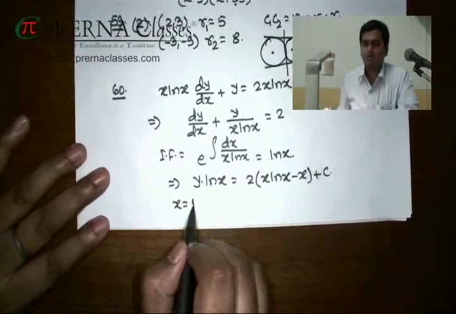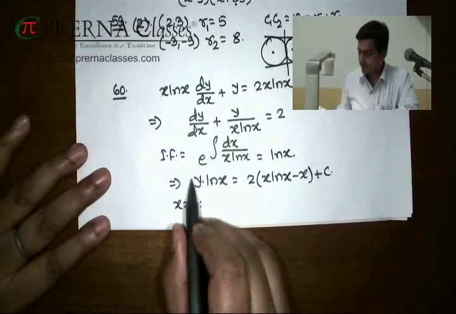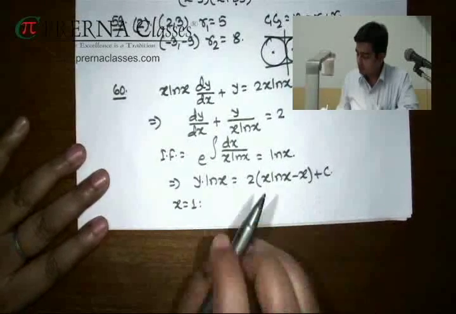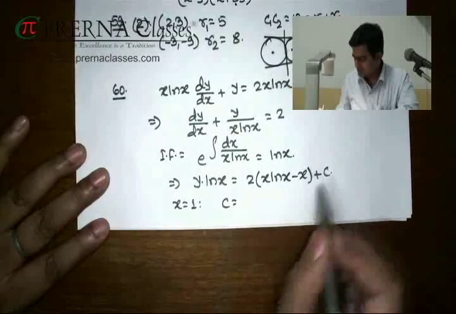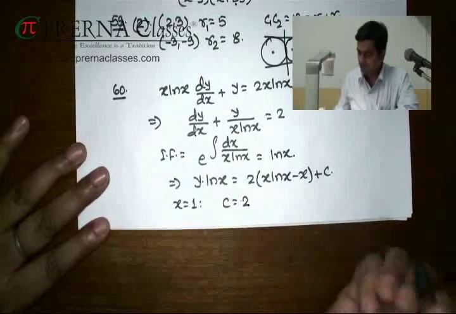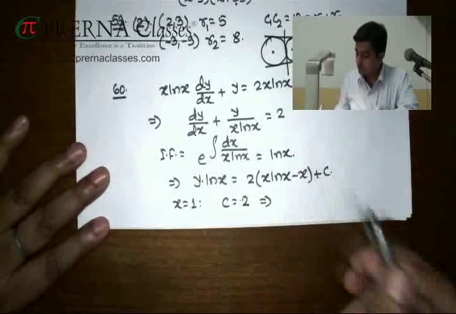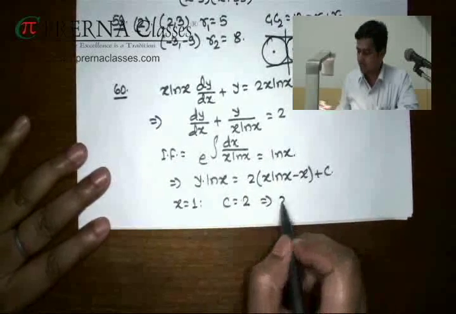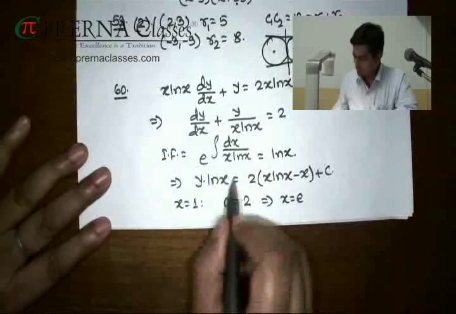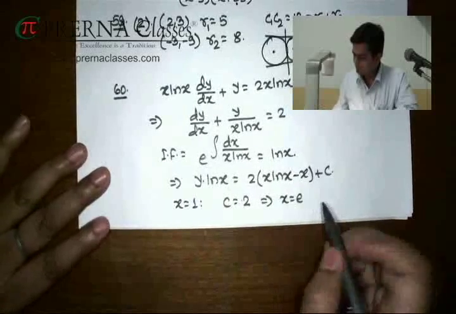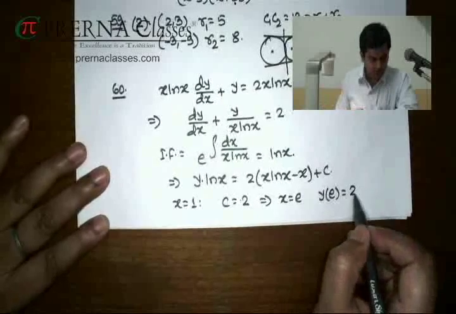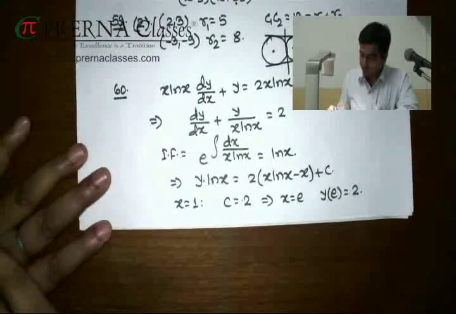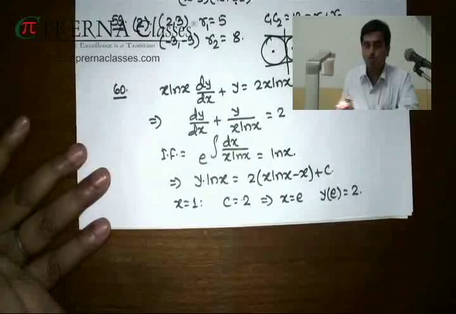If we put x equal to 1, you will end up getting the value of c as 2, and once you know c as 2, you just need to put x equal to e in this expression. You have to find the value of the left hand side, which you can check is matching with itself, which is matching with option 2 of that problem.